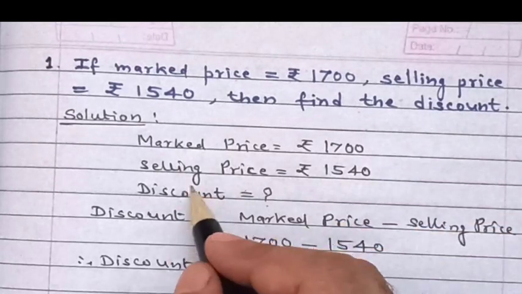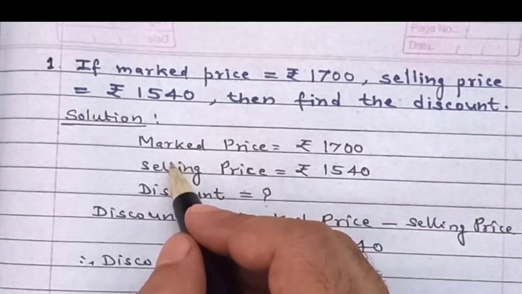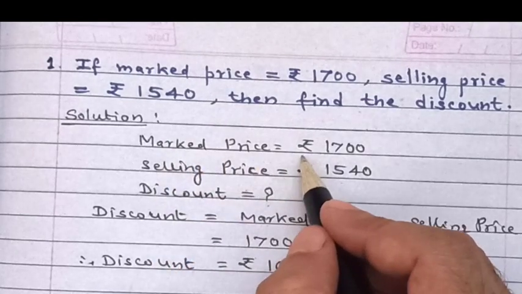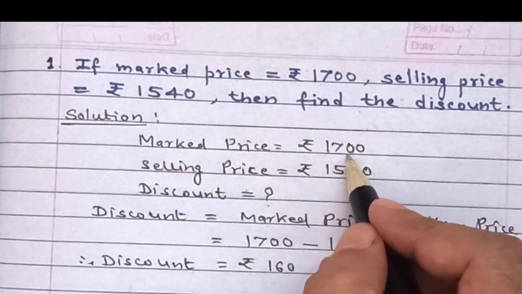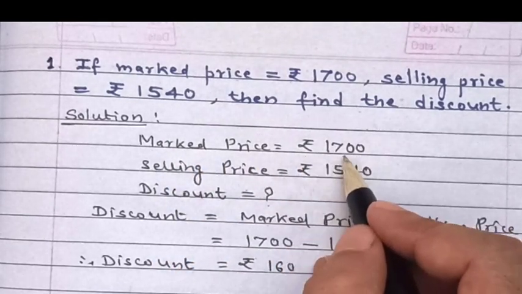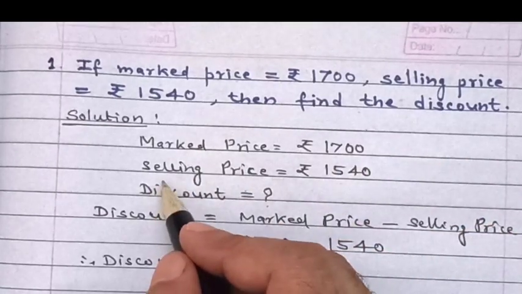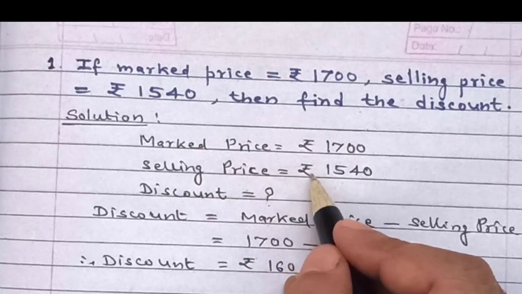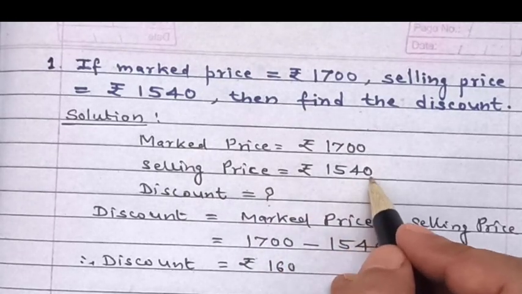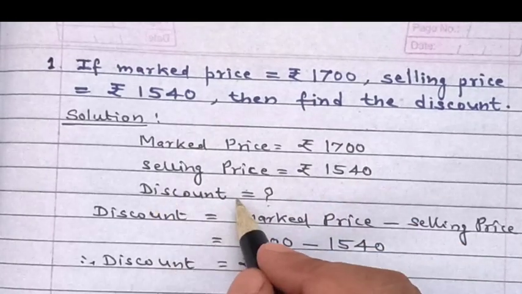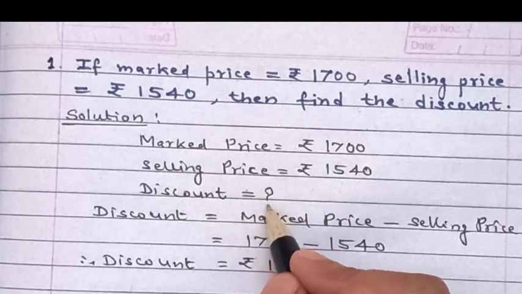First of all, we have to write what is given to you. So write mark price is equal to 1700, that is 1700 given. Selling price is equal to rupees 1540. We have to find out discount. So discount is equal to question mark.